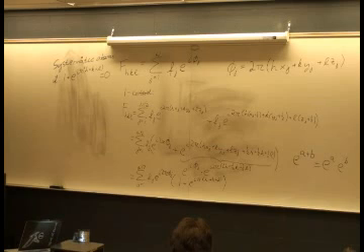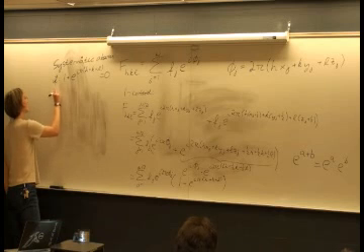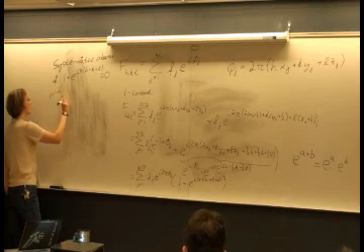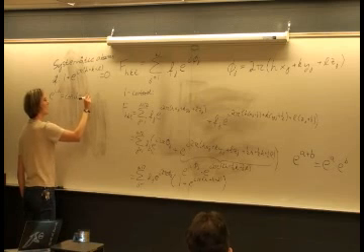Now, who can predict exponential functions? Not that easy, right? But can we convert an exponential function into something more useful? E to the i alpha is equal to cosine alpha plus i sine alpha, right?